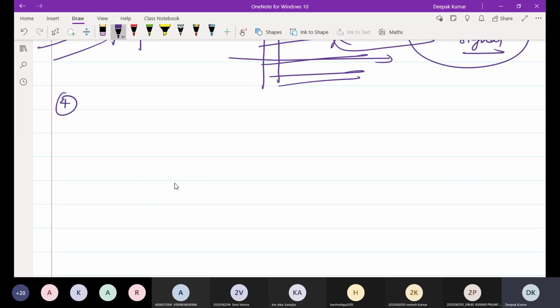Next property is when the signal is two-sided. When x of t is two-sided, either both sides, in the left side or right side, both sides are considered a two-sided signal.